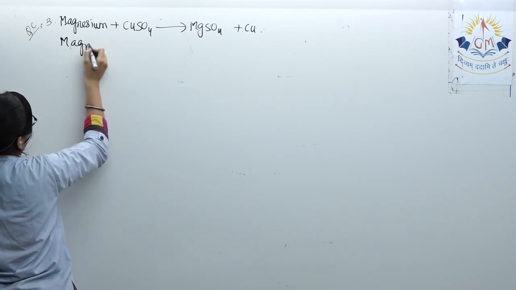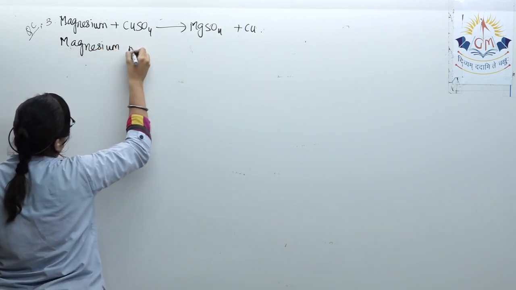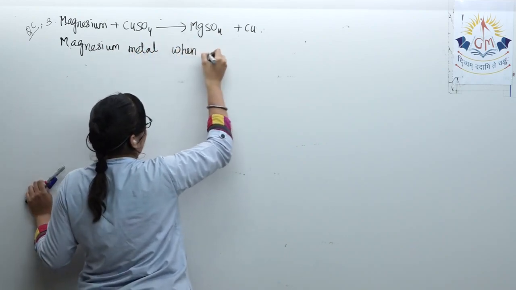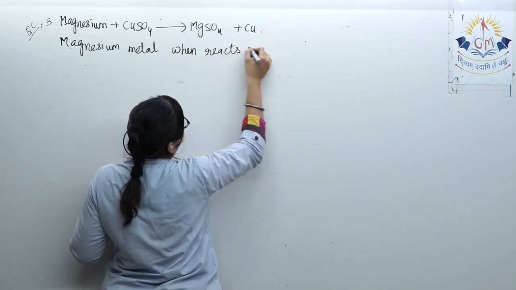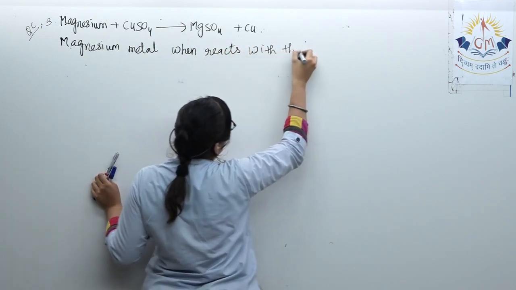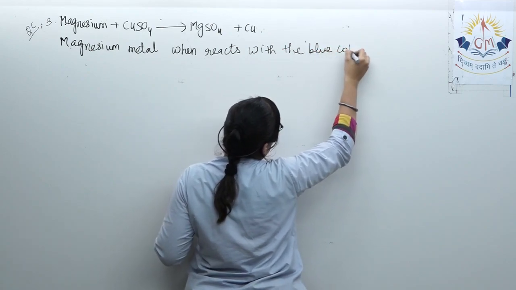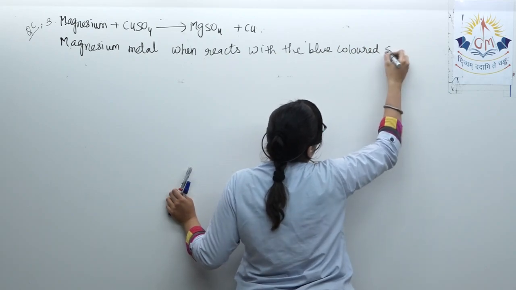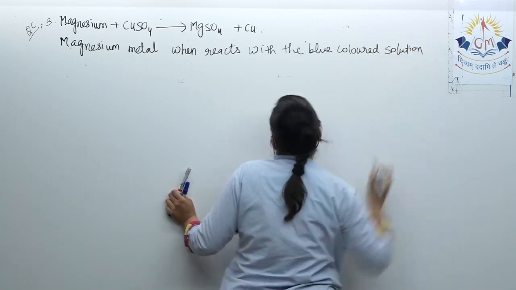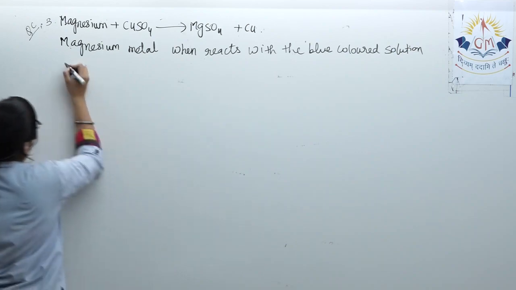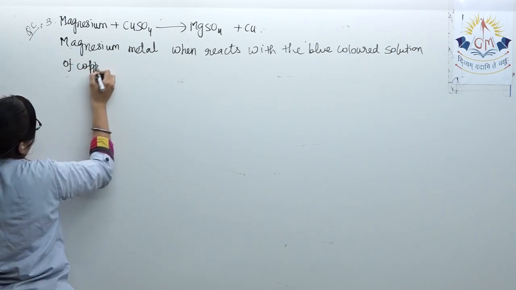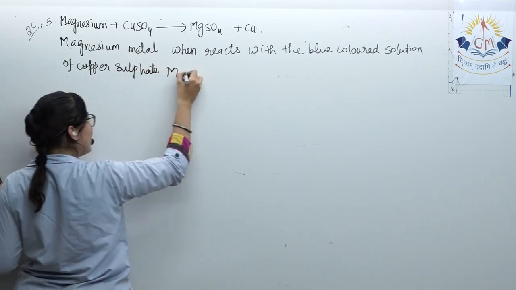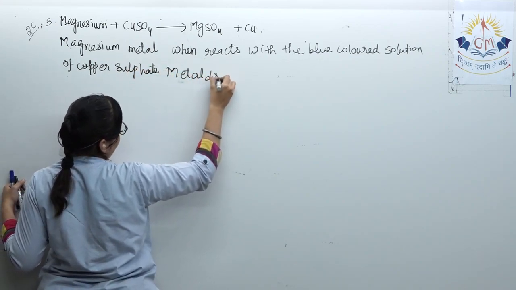Magnesium metal when reacts with the blue colored solution of copper sulfate, metal displacement reaction occurs.